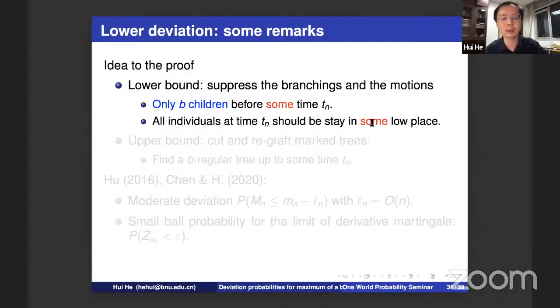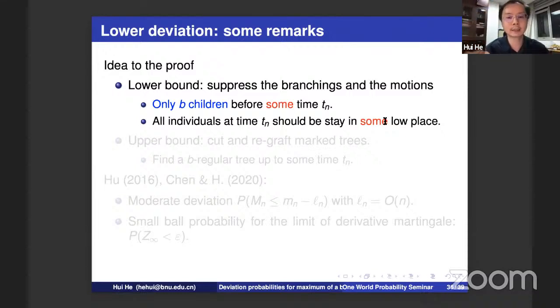And after that, there are b to the Tn particles at time Tn. Then after that, each particle forms an independent branching random walk, but all those branching random walks evolve as a Euro branching random walk. However, since all those particles stay in some very low place, it's hard for them to get to a very high place.